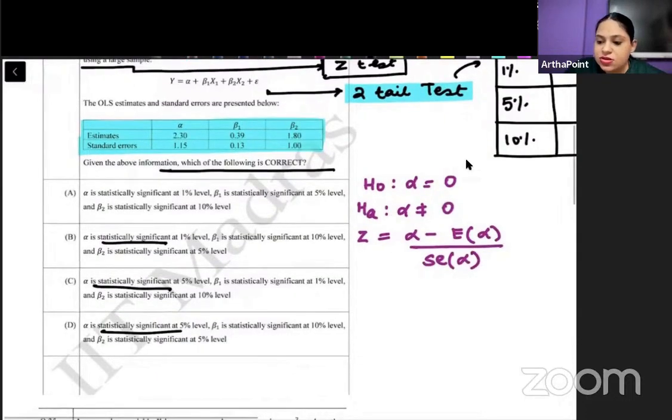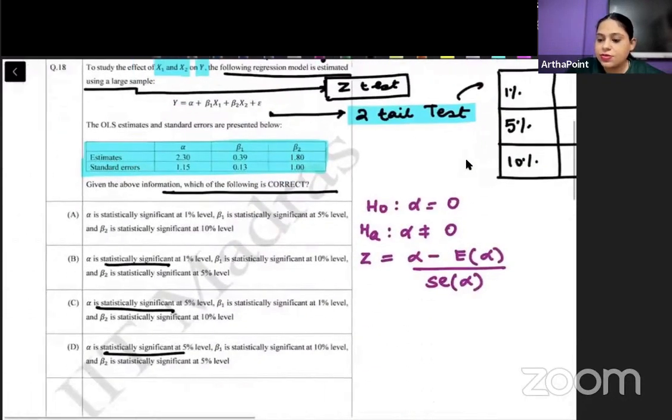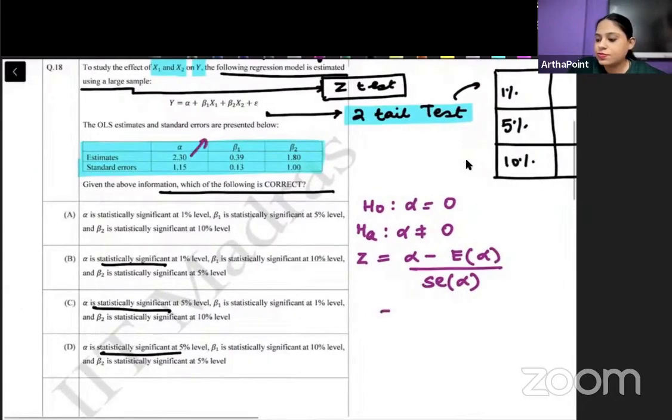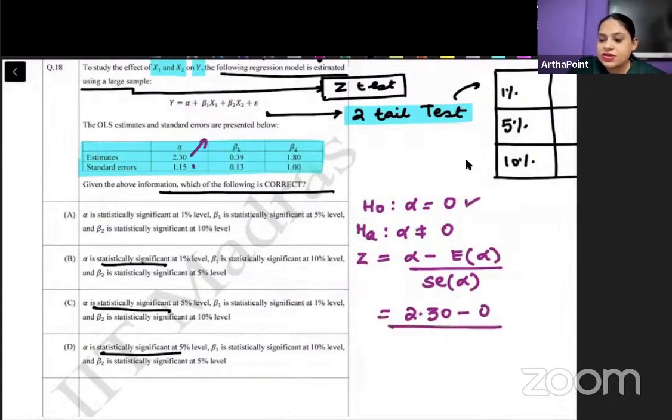Alpha value is 2.30. Expected is from the null hypothesis, 0. Standard error of alpha is 1.15. Quickly tell me what calculated value you will be getting.